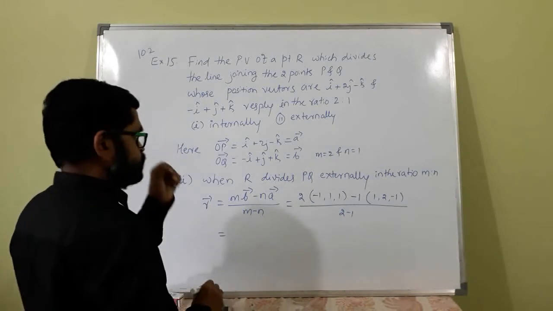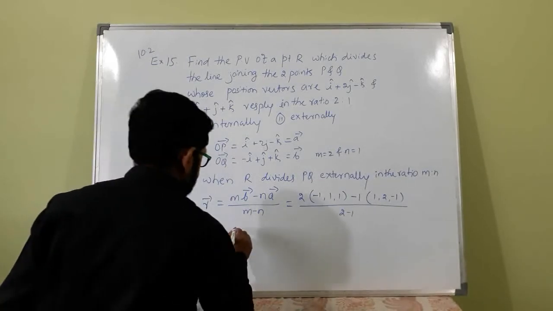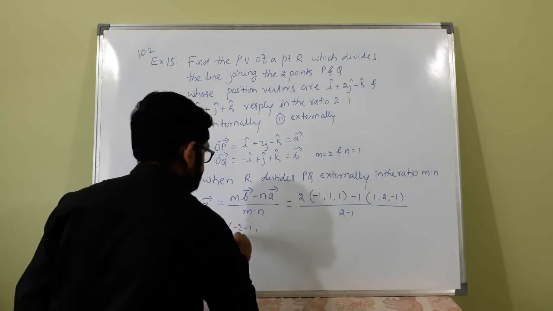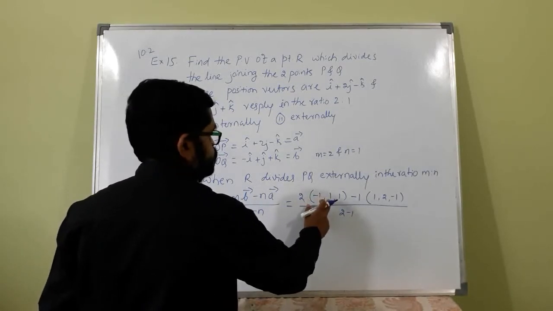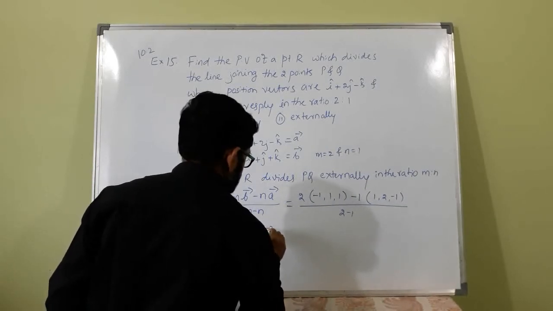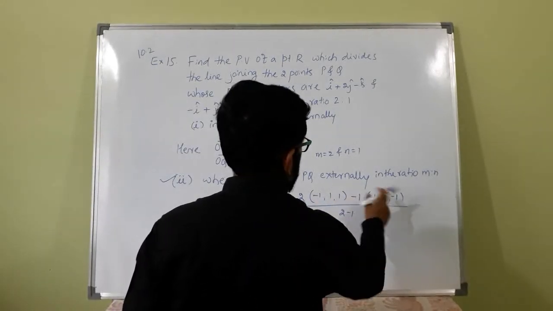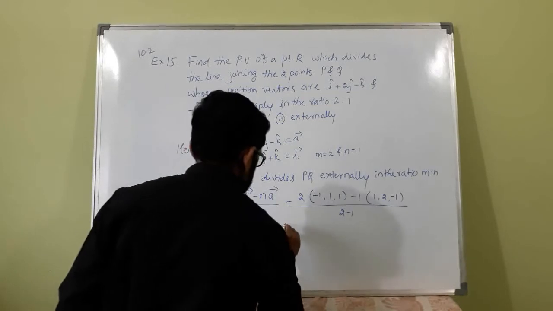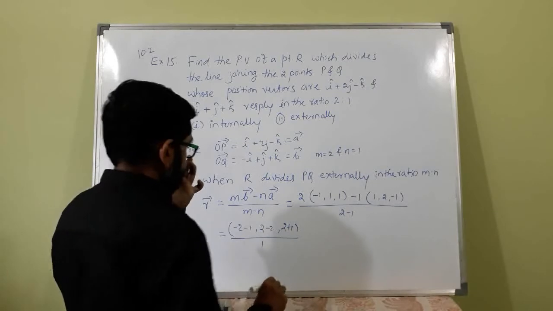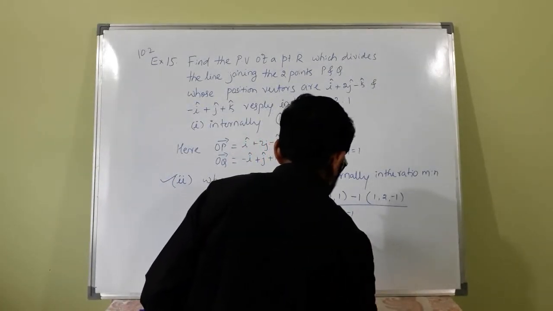That is 2 minus 1, minus 2 minus 1, comma, plus 2 minus 2, 0, and plus 2 minus of minus 1, that is plus 1, 2 plus 1, divided by 1, that is minus 3, 0 and 3.